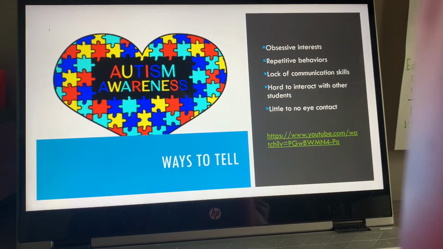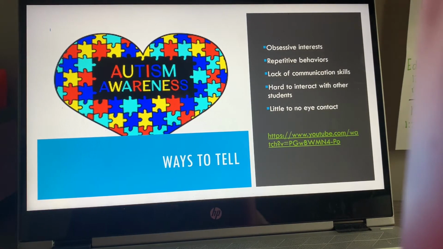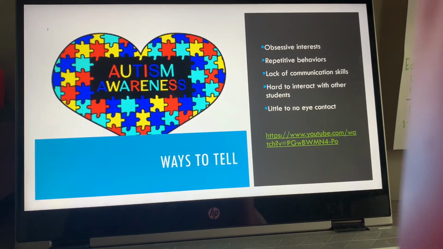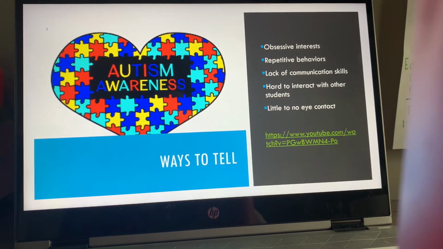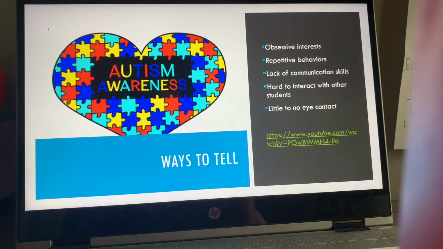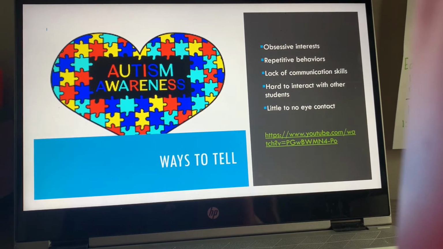But on the flip side, if you try to get them to do something else that they are not interested in, it's probably going to be hard for the teacher to get them to do it. At that point, you just have to respect that and try your best to get them to do what you want, even if they maybe don't like it.